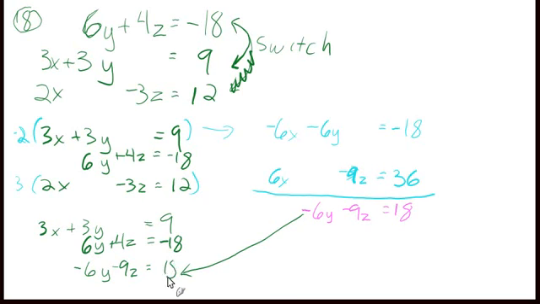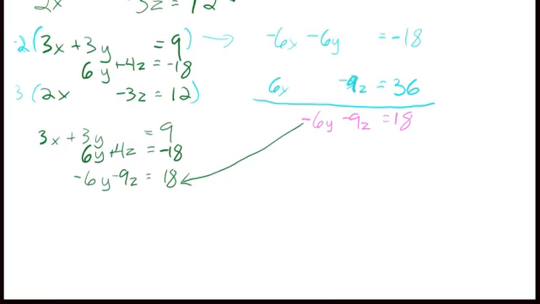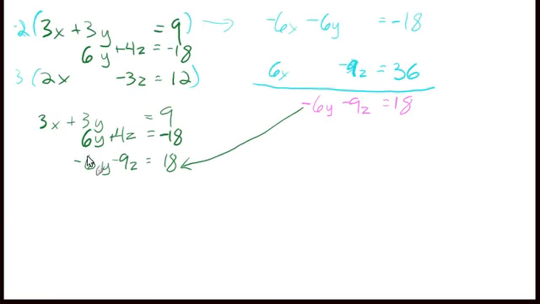Well, this is going to be really nice to us because remember the last step that we want to do is cancel out this final y, and then we'll have our row echelon form. So if we just add this one and that one, we'll have our new one. So let's just do that. 3x plus 3y equals 9. 6y plus 4z equals negative 18.